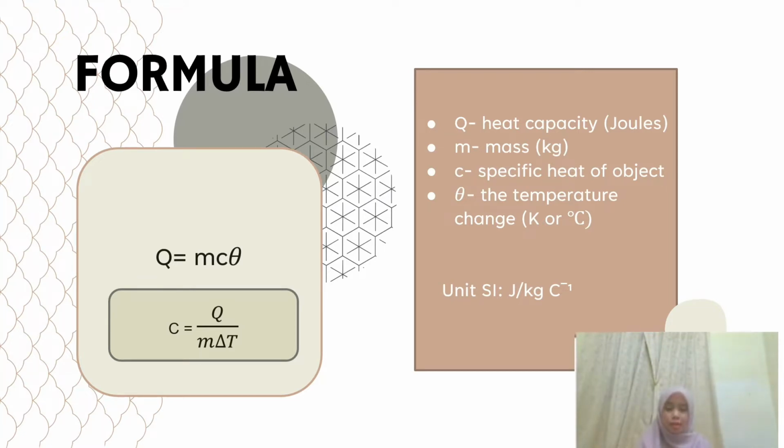So the SI unit used is joule per kg per degree Celsius. From the equation Q equals mc theta, you can also find the value of c, which is c equals Q over m times delta T.